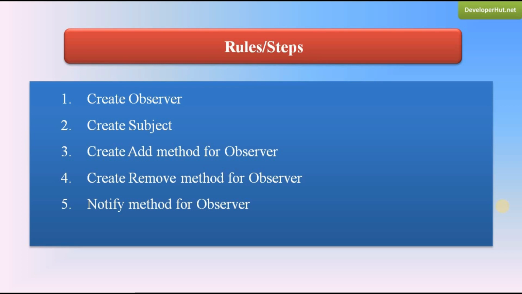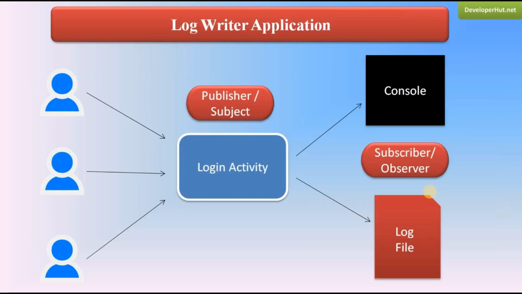The next is to make a provision to remove, deregister or unsubscribe the observer. And last but not the least, there should be a provision to notify all the observers once a particular event is triggered. So these are the 5 important steps to create the observer design pattern. Now let's go ahead and start creating it.